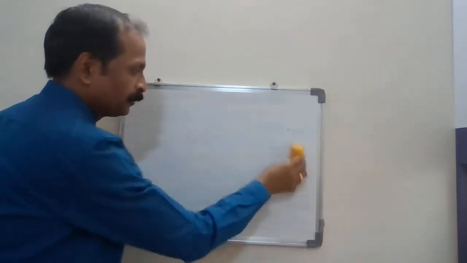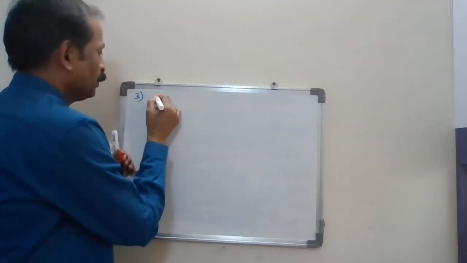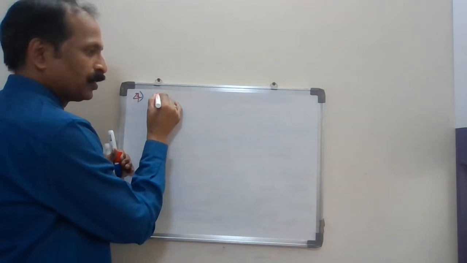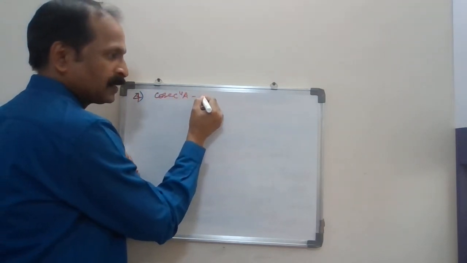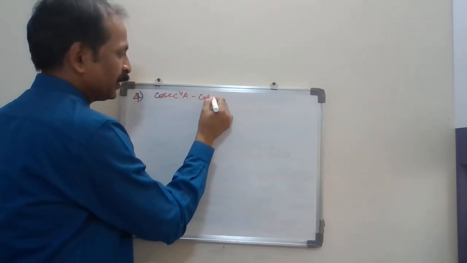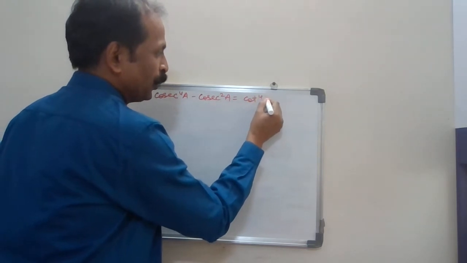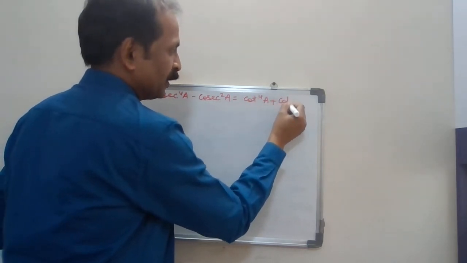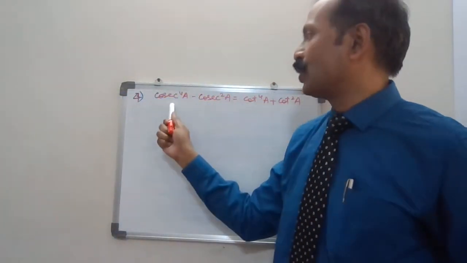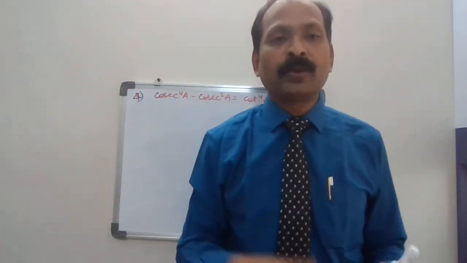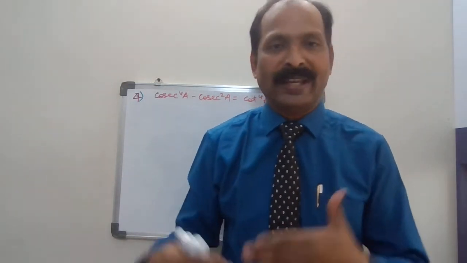You have to be faster if you want to do more sums. So I'm taking now, this is number 4, cosec 4A minus cosec square A. You have to prove cot 4A plus cot square A. Some children directly apply the identity because cosec and cot have the identity cosec square A minus 1 is cot square A, or cosec square A minus cot square A is 1.